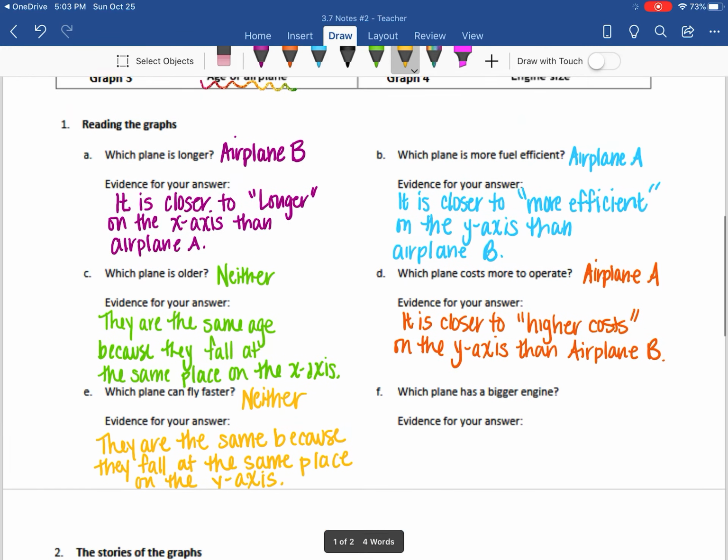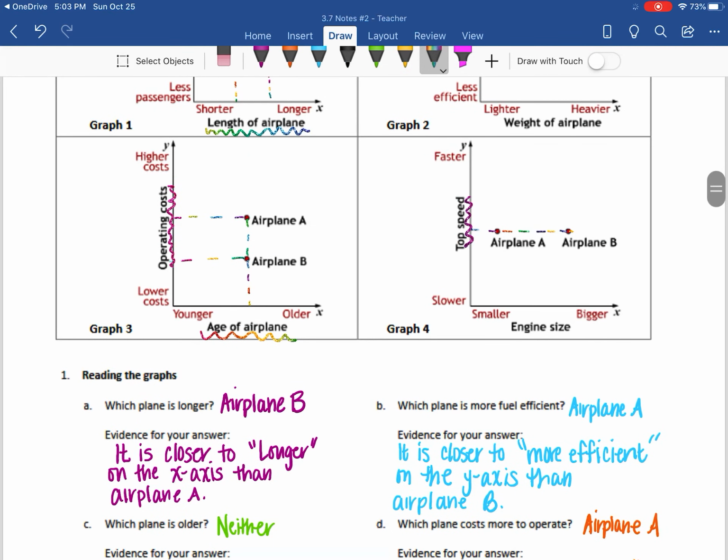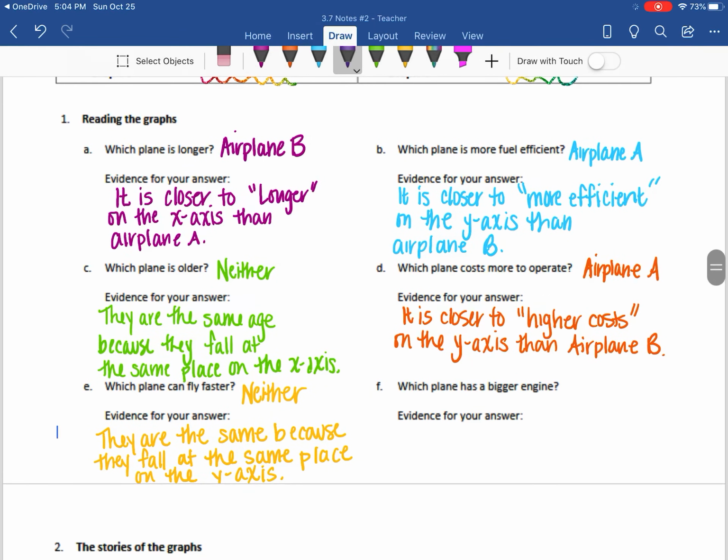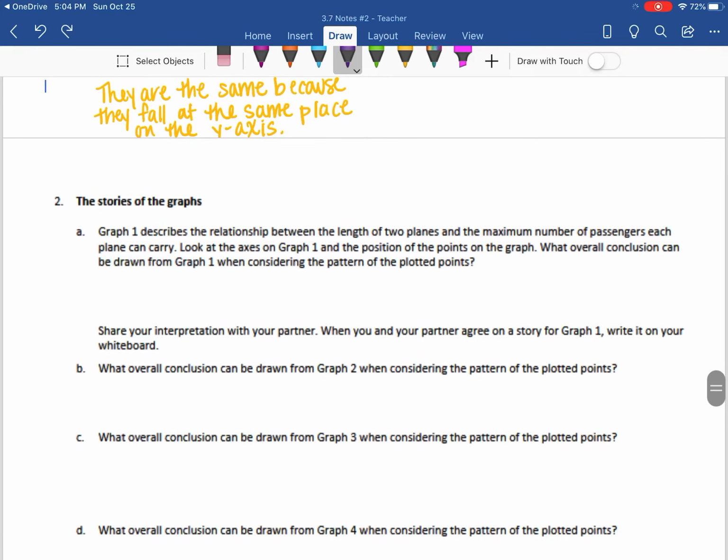Okay. Which plane has a bigger engine? Okay, we are still looking at graph 4. Bigger engine. I'm dropping my lines from airplane A and airplane B down to the x-axis, and airplane B has the bigger engine. I said B, right?